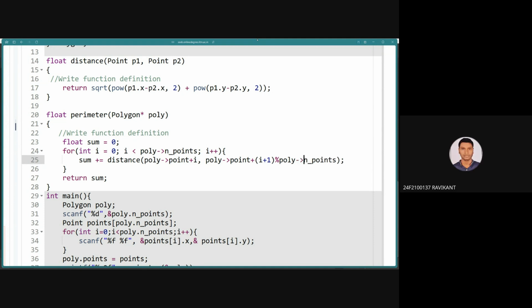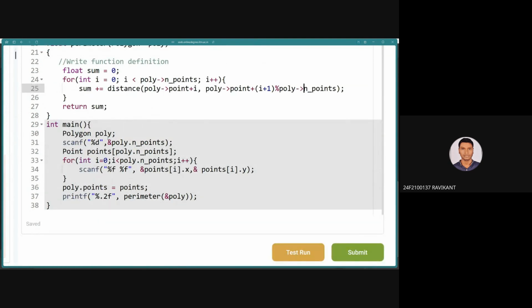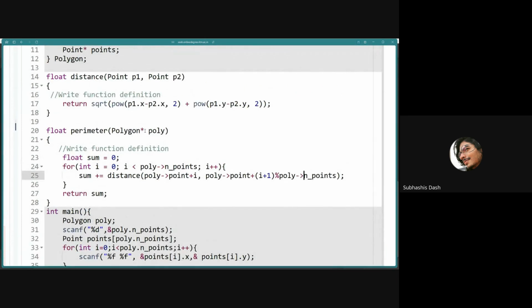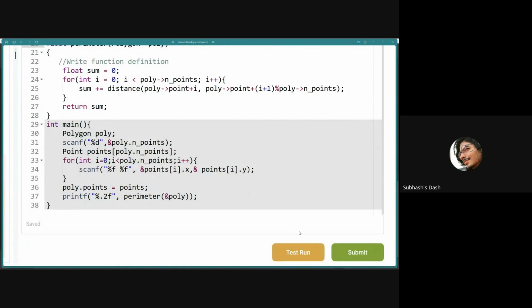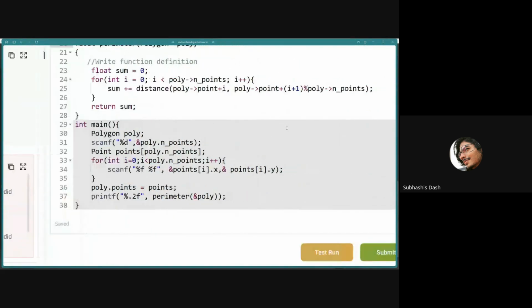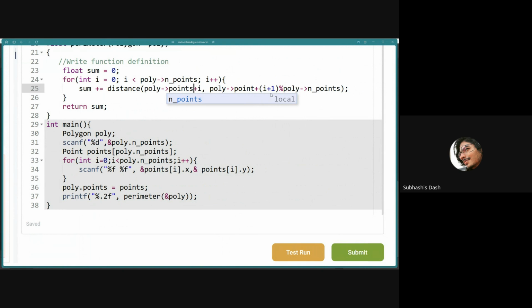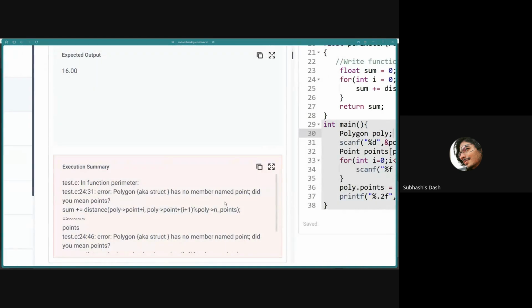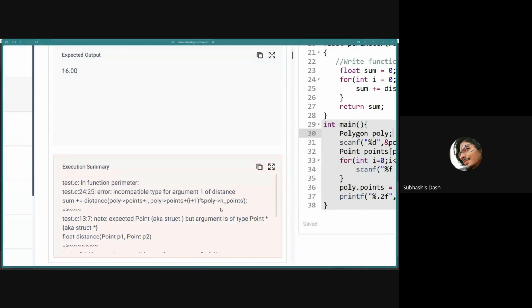Bhaiya, this is used instead of the dereferencing operator. Since we are using this one as a pointer, this is used in place of dereferencing, I guess. Okay, I use point instead of points. Incompatible type.